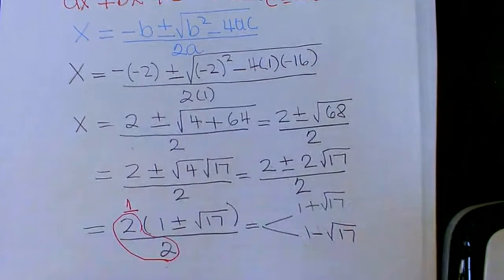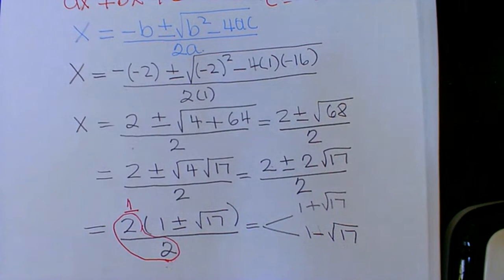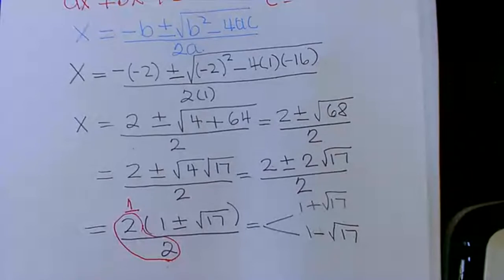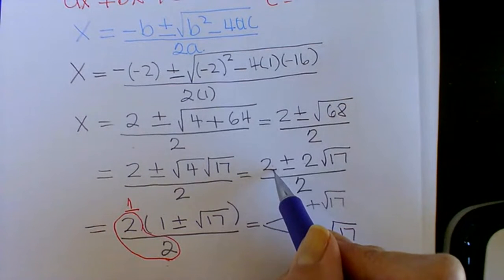Any questions, guys? Did you guys get close to this? I have a question. Go ahead. So how did the plus or minus 2 become a 1? Because we factor out the 2. Okay, I see.